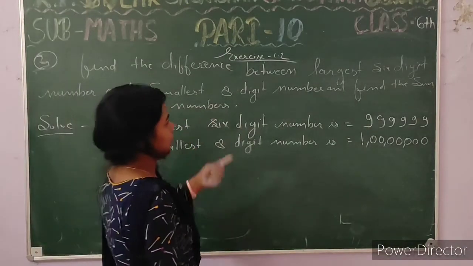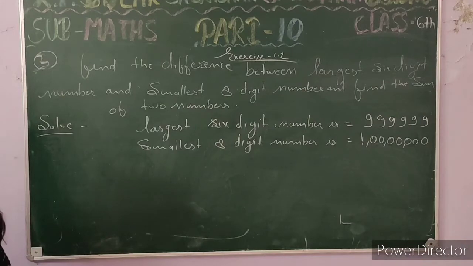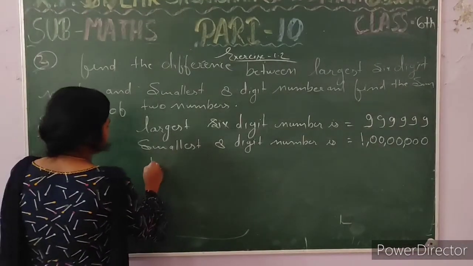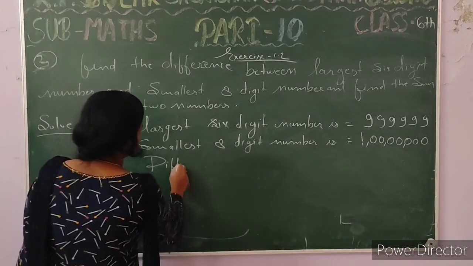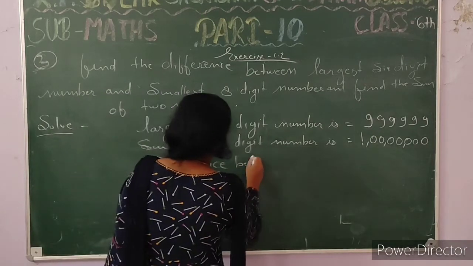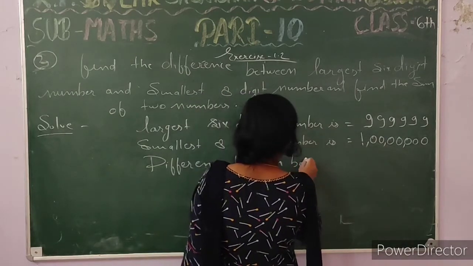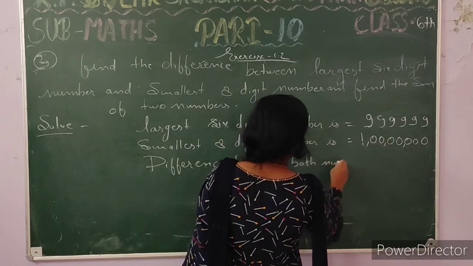Find the difference between the largest 6-digit and the smallest 8-digit number. What is the difference between them? So we write here the difference between both numbers. Students, don't panic.